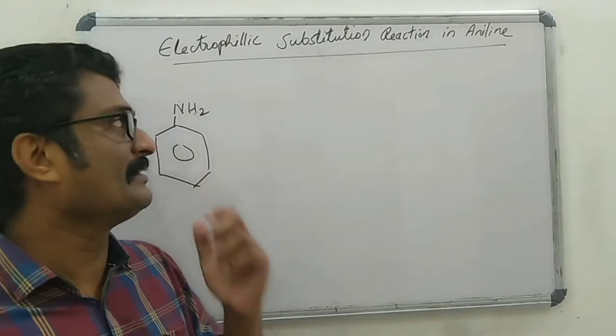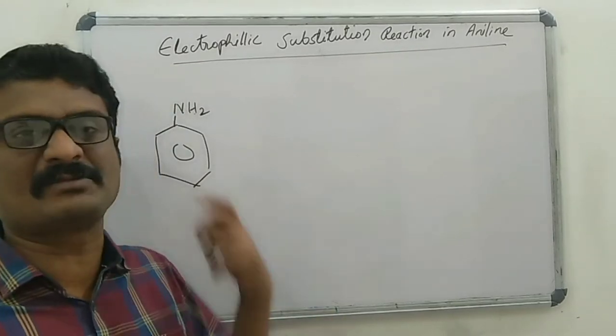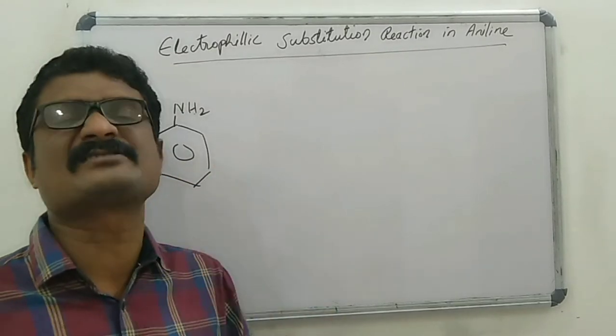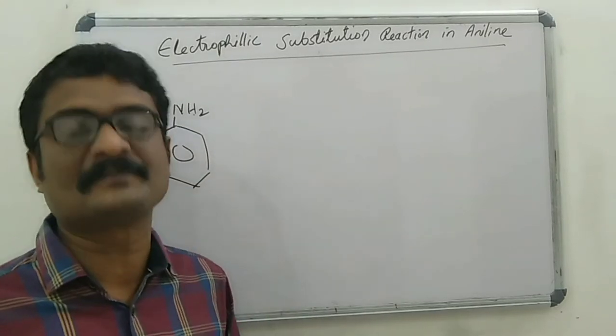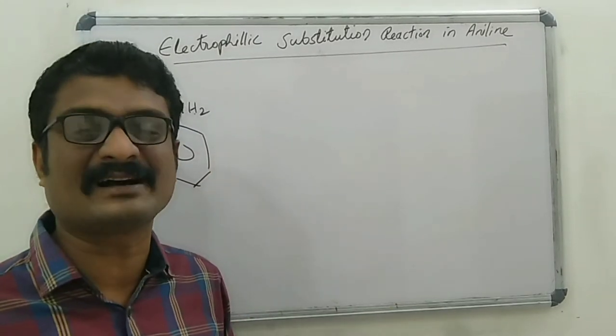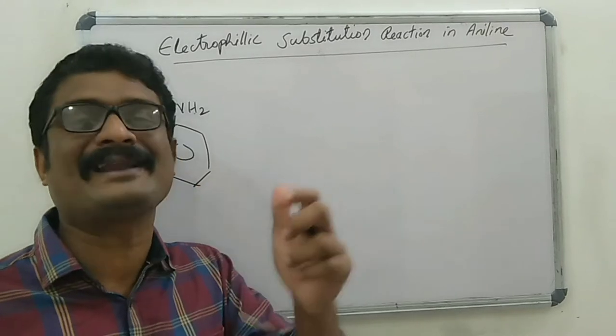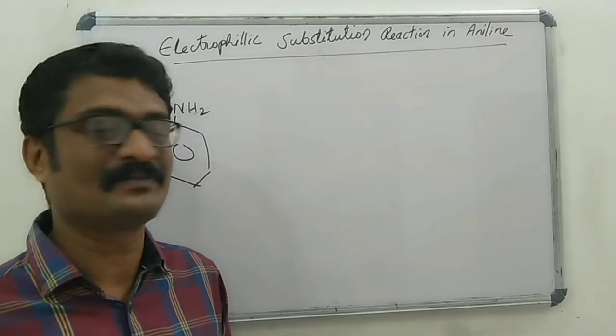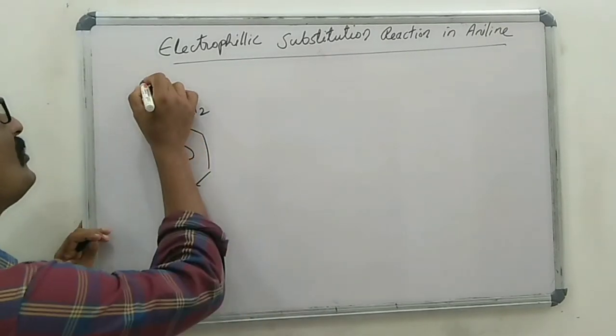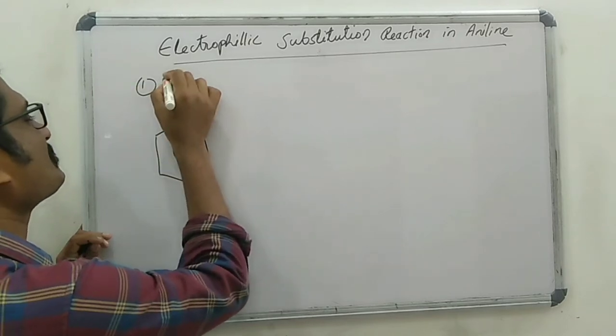Hence, in aromatic amine, for example in aniline, electrophilic substitution reaction takes place at the ortho and para positions of the benzene ring.